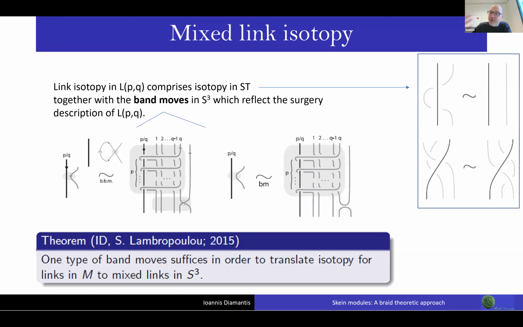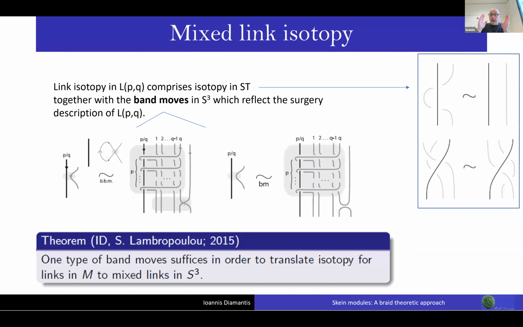So when I do the algebraic approach, the braid approach, I'm going to be using this move, as I will explain later. And when I'm using a diagrammatic approach via braids, I'm going to be using this move, and I will show you the pros and cons of each one later. So we have isotopy for mixed links that represent links in lens spaces.